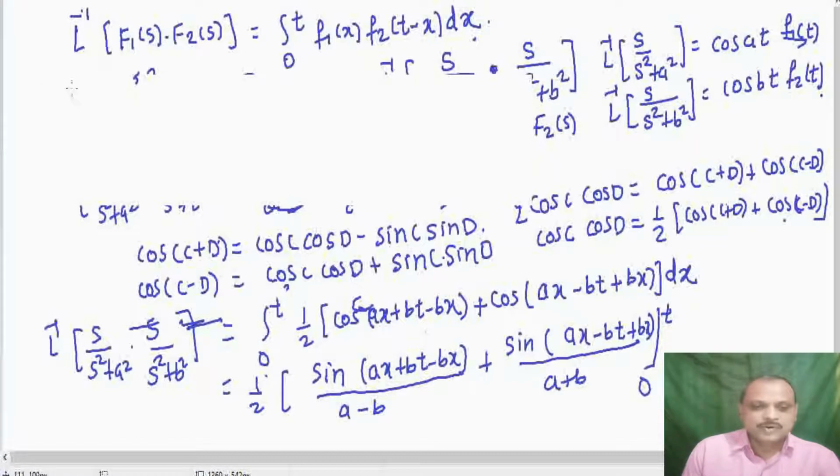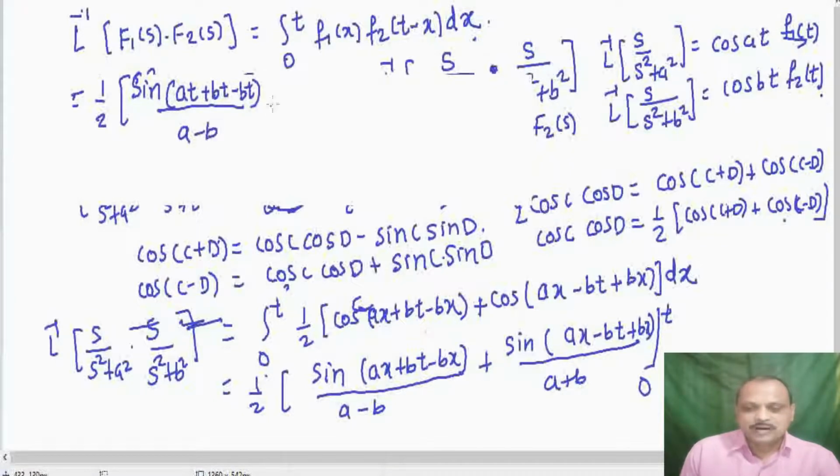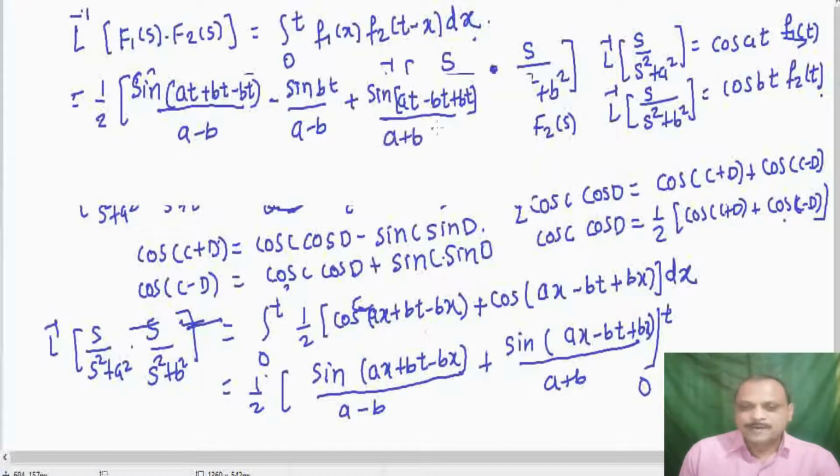This is 1 by 2 into, let us put in the values: upper limit, sine of (at plus bt minus bt) divided by a minus b, minus the lower limit x equal to 0, so we get sine of bt divided by a minus b, plus sine of (at minus bt plus bt) divided by a plus b, minus sine of (minus bt) divided by a plus b. Okay, so this is what we get.